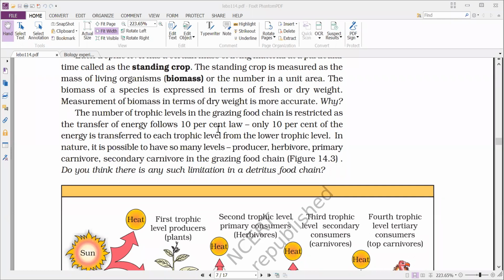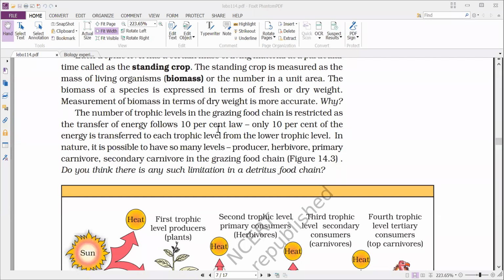How much energy is transferred from one trophic level to another? It follows the 10% law.